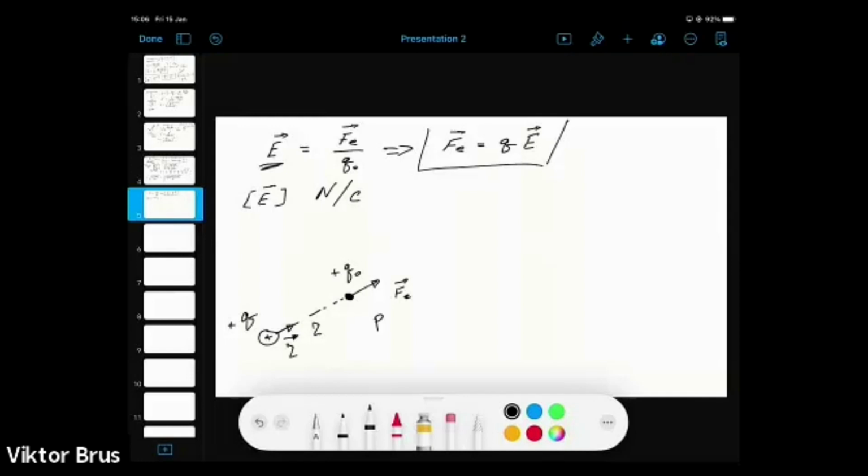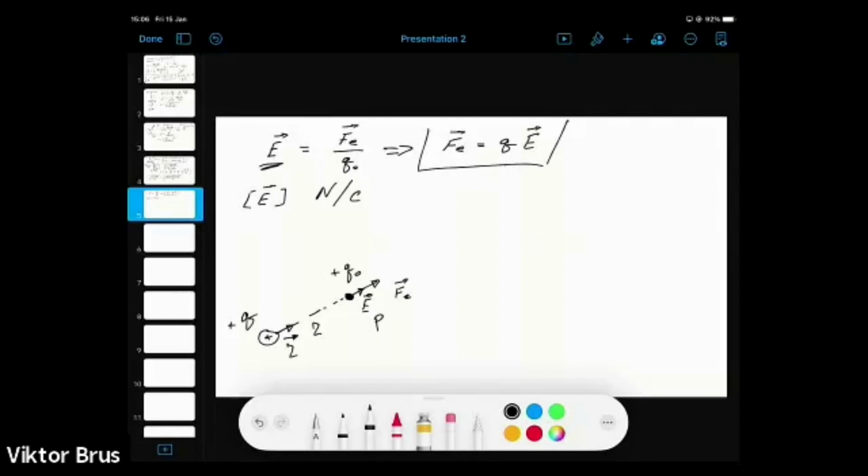And by definition, our electric field vector will be aligned in the same direction as the electric force acting on the positive test charge, which is located in the given point P, where we want to determine electric field vector.